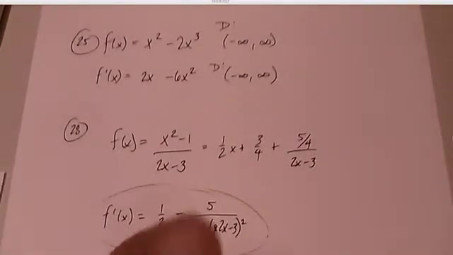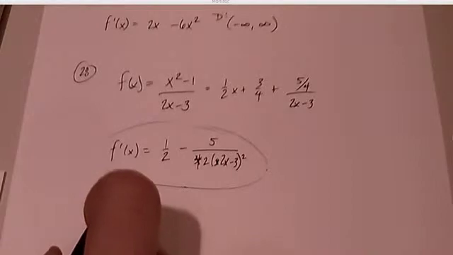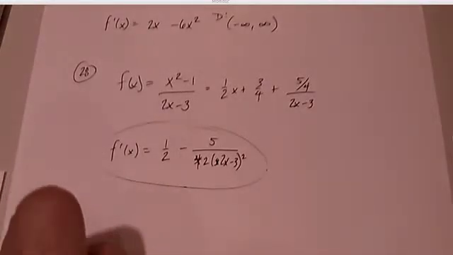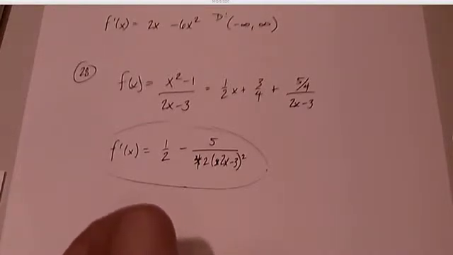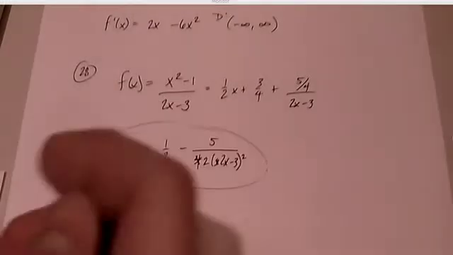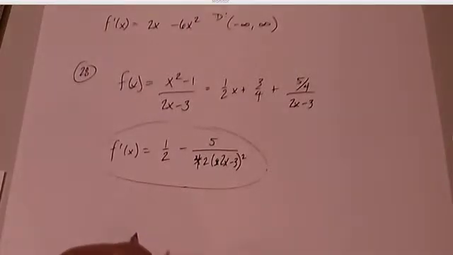The original domain of f is exactly the same as f prime. The derivative will never exist where the original function doesn't exist. Because the derivative, for our purposes right now, and we can flesh this out later, describes the behavior of the original function.